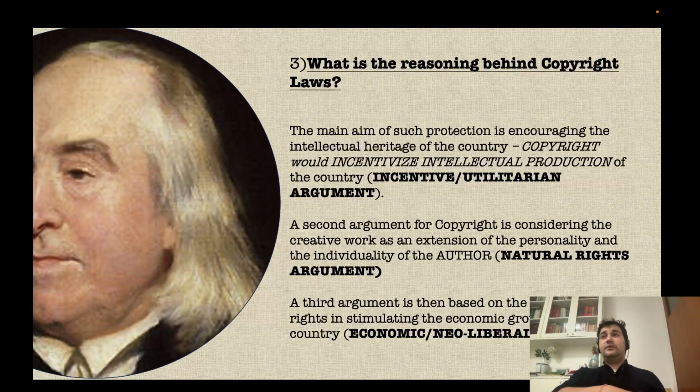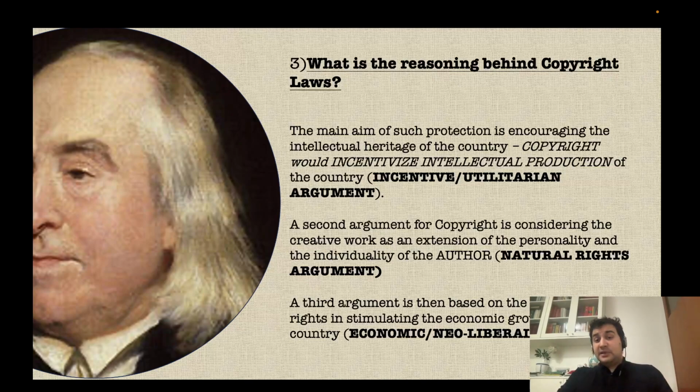If you remember, we spoke before, it is the expression of a creative idea. So the incentive we want to achieve is to incentivize the production of intellectual expression and creative ideas, but not inventions, nor designs or anything else, or distinctiveness, which is much more of trademarks.